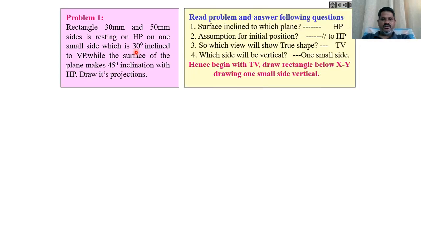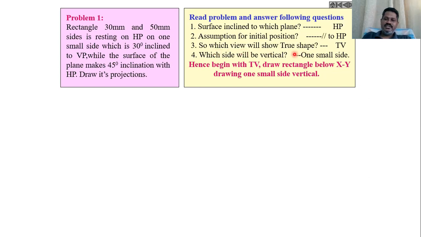Now let me show this problem first. Read out the problem. The surface is inclined to the horizontal plane, which is given to us. The surface of the plane is making a 45 degree angle. That means we have to assume the initial position. In the initial position, the plane is parallel to HP. So which view will show the true shape?